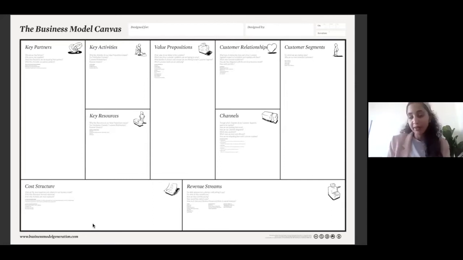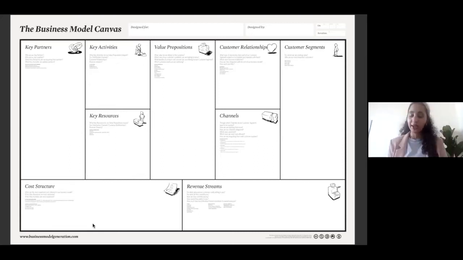You go with the lean method, which is the business model canvas, where you see every angle of the idea or project you want to start, and you see it as a whole, and then you create an MVP, and then you take it from there. So today we're going to go through the first initial step, which is creating the business model canvas.